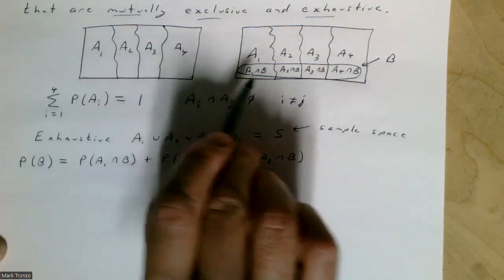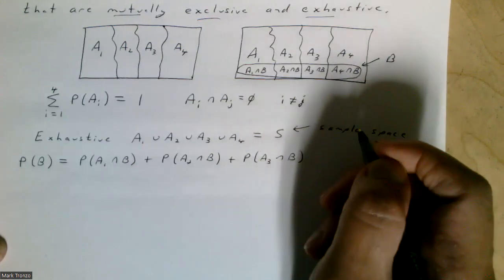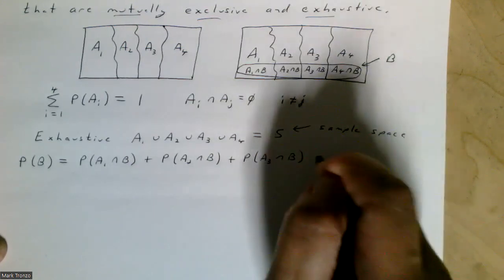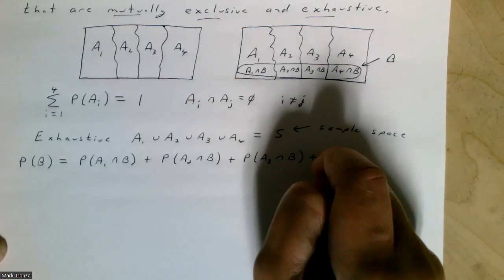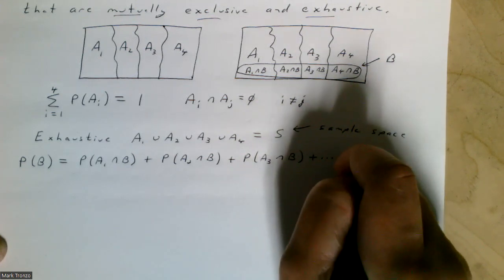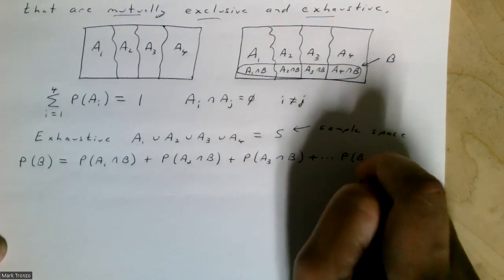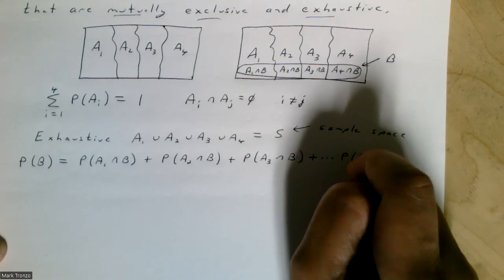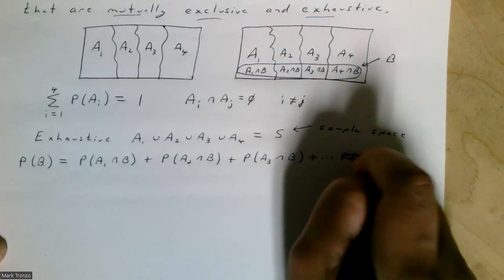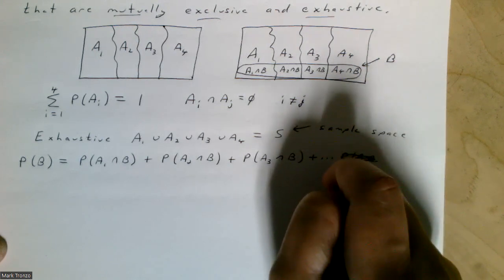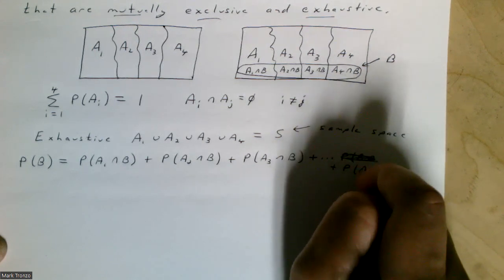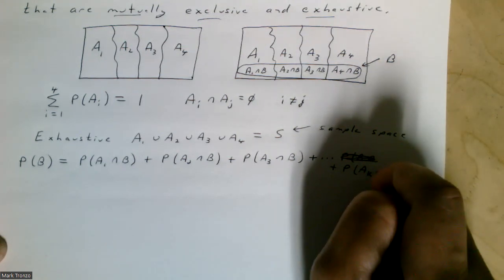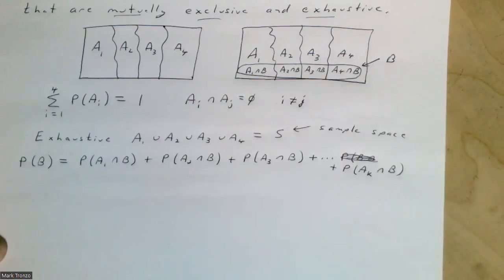I use 4 here, but you could keep going with as many as you need. Let's assume we have more than 4, plus the probability of, maybe going up to, AK intersection B.